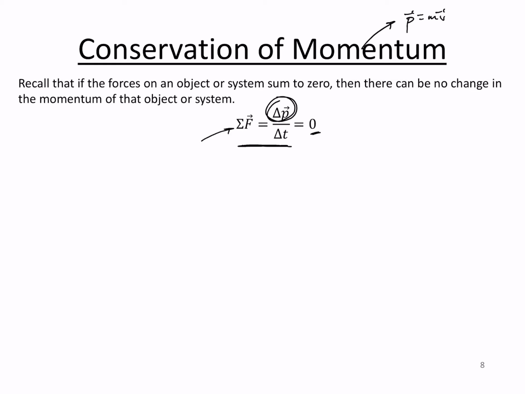In other words, the momentum of an object that is experiencing no net external force at one moment is equal to its momentum at some other time, so P sub final here, as long as there continues to be no net external force.